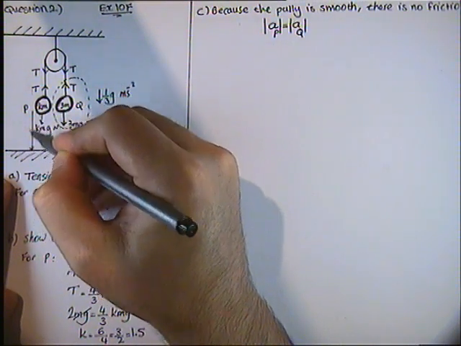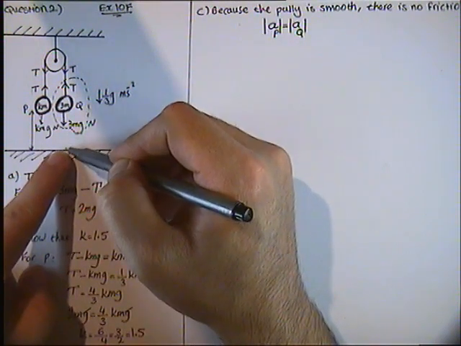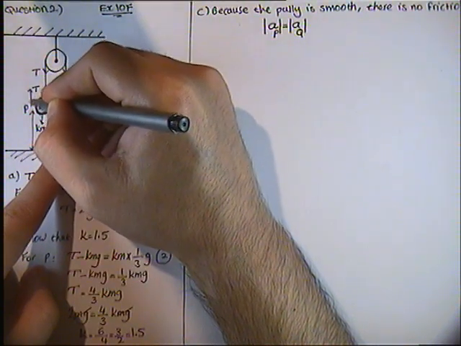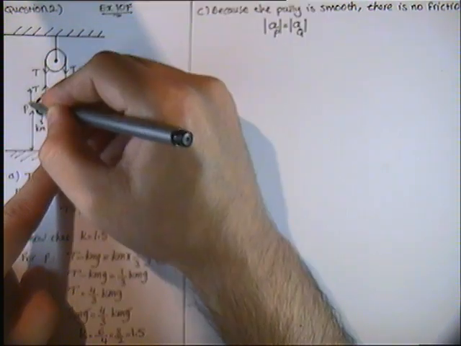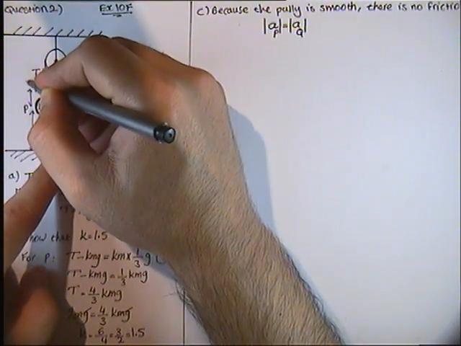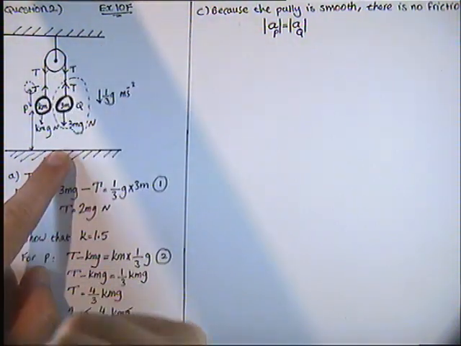The greatest height would be this distance plus, when Q is moving in this direction and hits the ground, P will move the same distance upward. Let's say it reached this point. However, the diagram is not accurate.